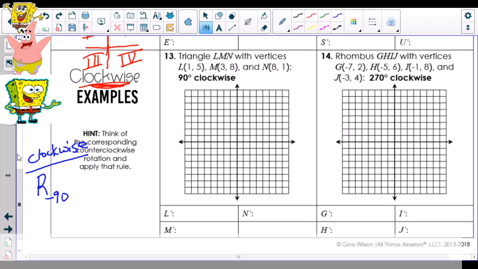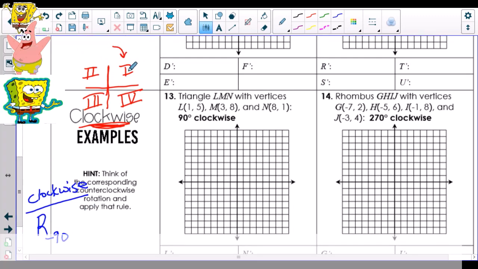Going negative 90, like this direction right here, is the same as going our regular direction, counterclockwise, 270. So the rule for negative 90 is the same as the rule for positive 270. If I go 90 degrees this direction, it would be the same as 270 degrees the other direction.